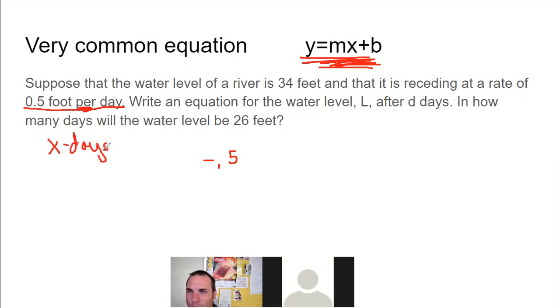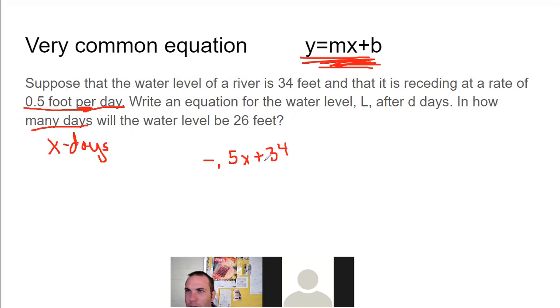And if you're ever confused about what your variable is, it's always listed in the question. In how many days? Whenever you want to know your variable, just look at the last sentence where the question is. All right, so x is days, so it goes down half a foot per day, and it's currently at 34 feet.